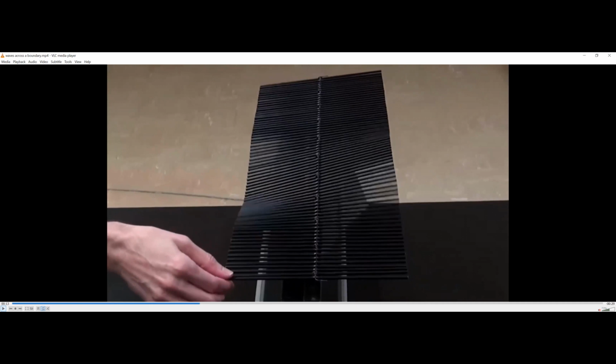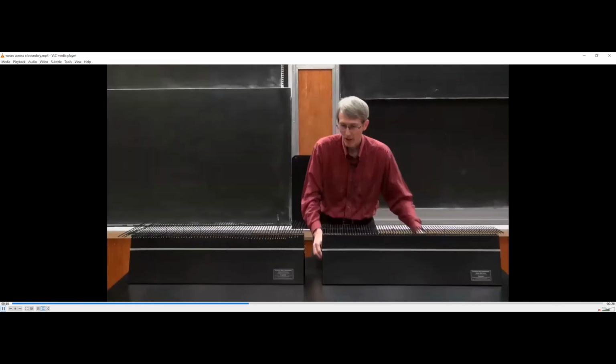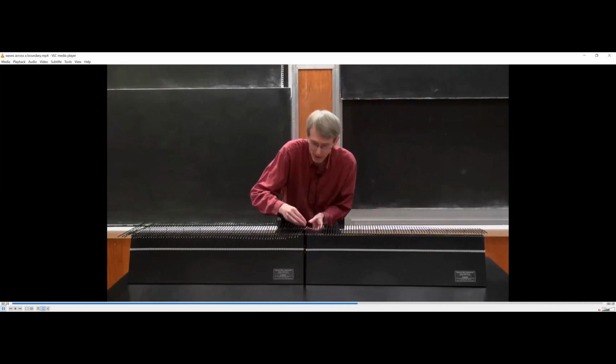Now he's going to connect them. And it's really the second one that's most important. It sees it better, but it's super fast. So pay attention. See how quick that wave transferred? Did you see how long that wavelength was?